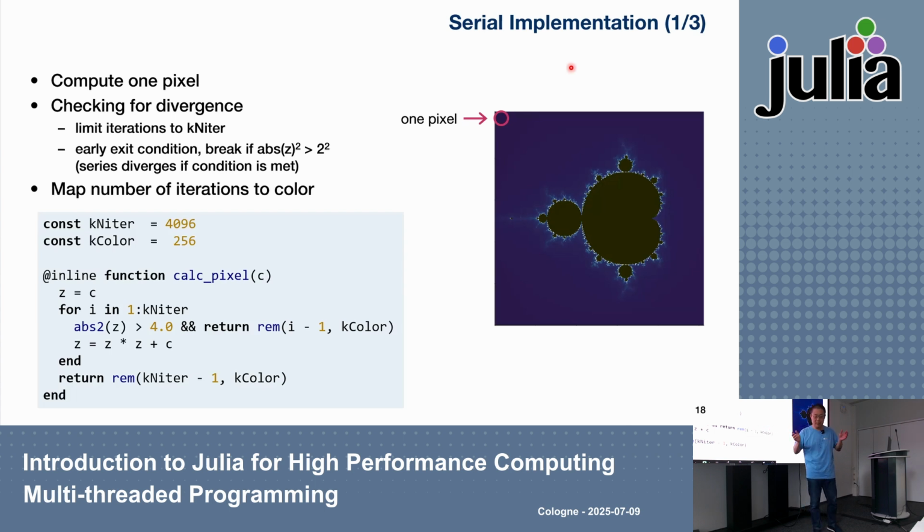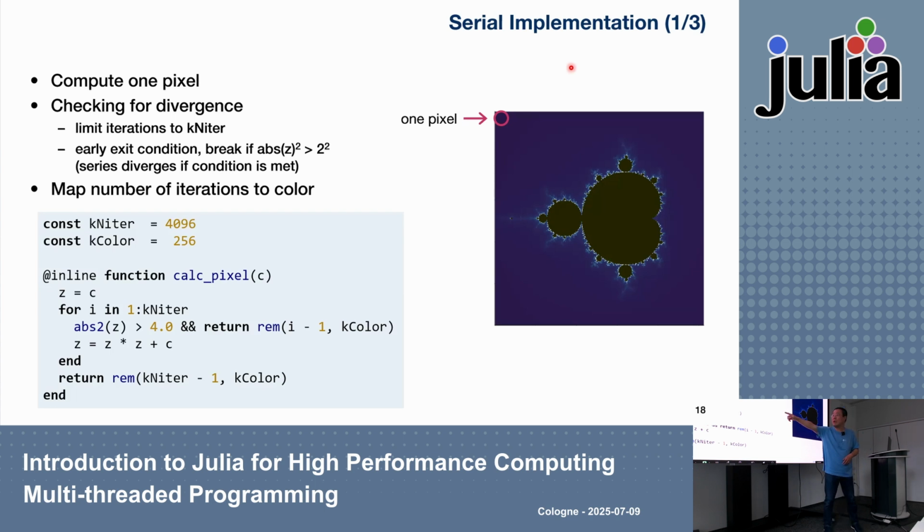Let's just make it simple: the remainder of something represents the color of this pixel. So very simple here, to compute one pixel, you have a for loop. If this for loop gives you a converged value, this belongs to this black area, the so-called Mandelbrot set. Otherwise, it belongs to some other area. So this is how to calculate the pixel.